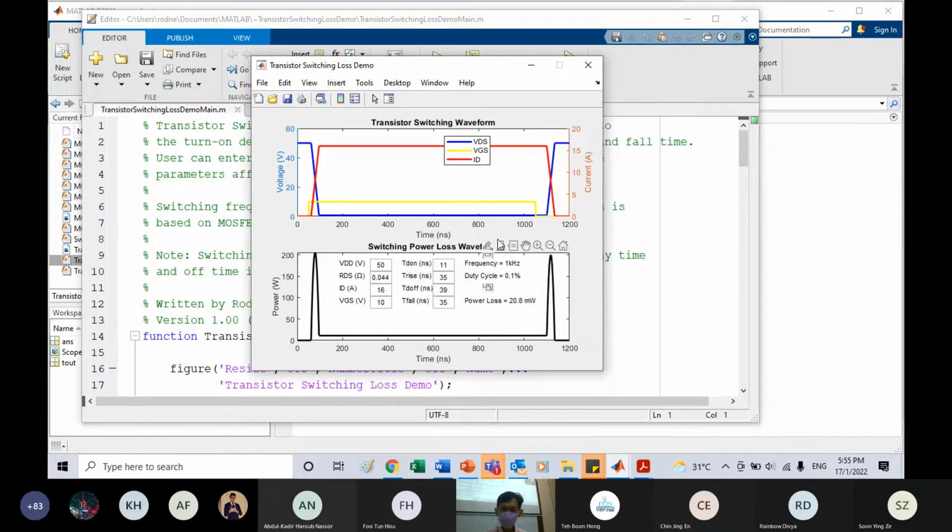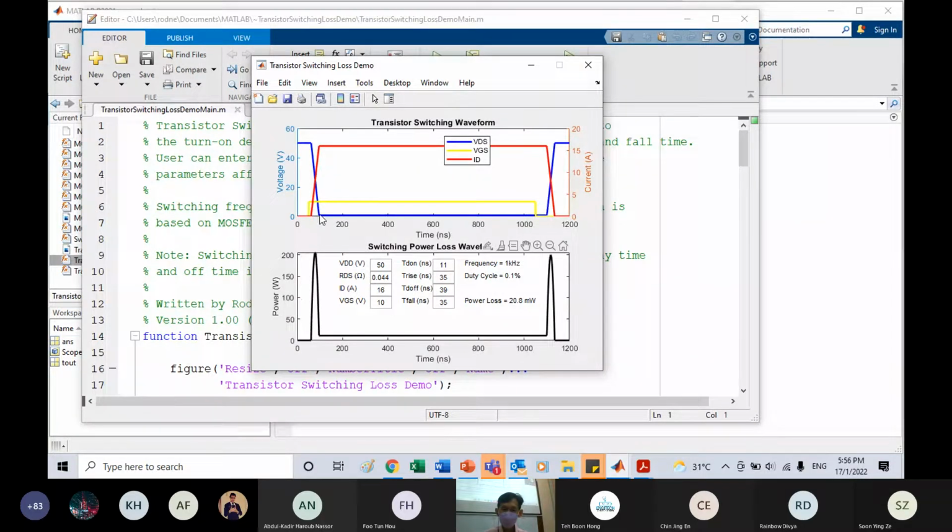So the purpose is this. The red color is the transistor turn-on current, the blue color is the voltage, and the yellow is the VGS. From here you will see the power losses.